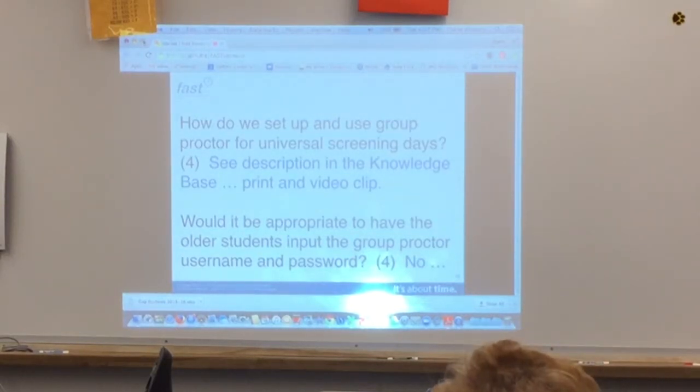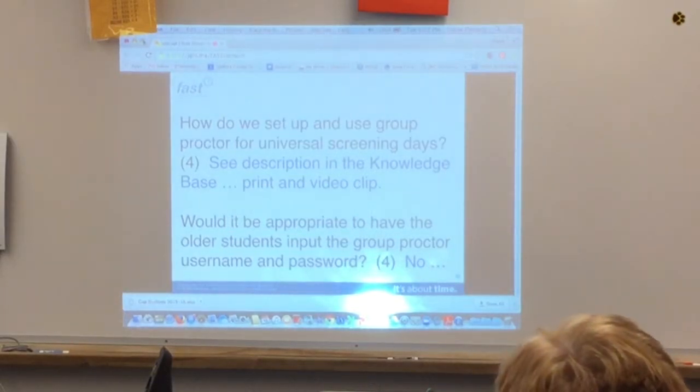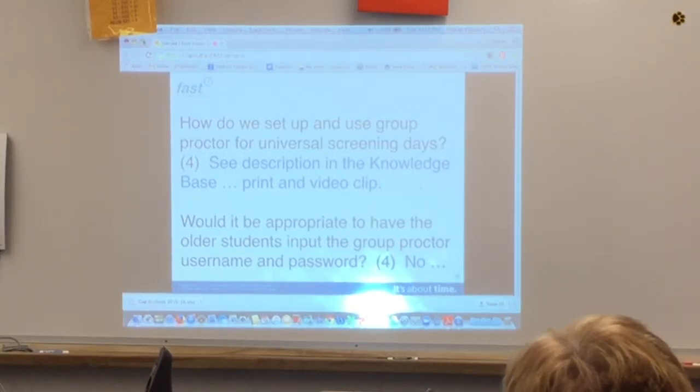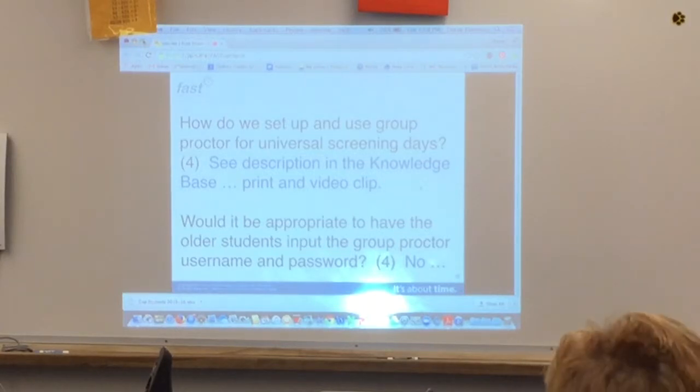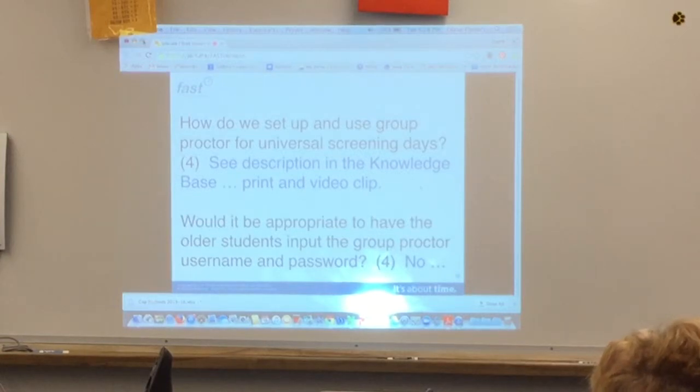And then the other question from 4th grade was, would it be appropriate to have the older students input the group proctor username and password? And I would say no. Most of the things in here, there's no way, for example, for teachers to add or delete students. And this is compared to other assessments. I used to be an AIMSweb trainer, and there was a way for teachers to do that.